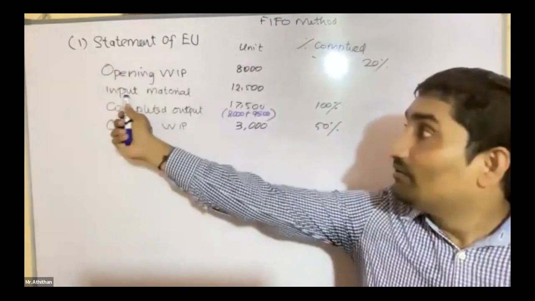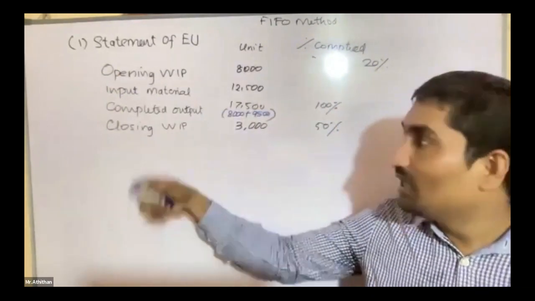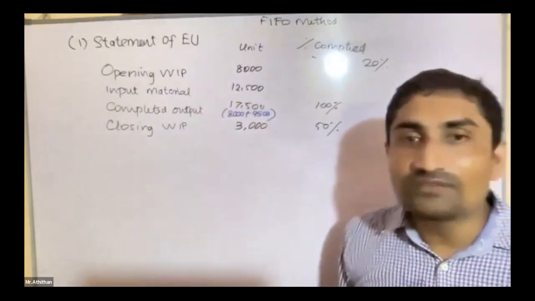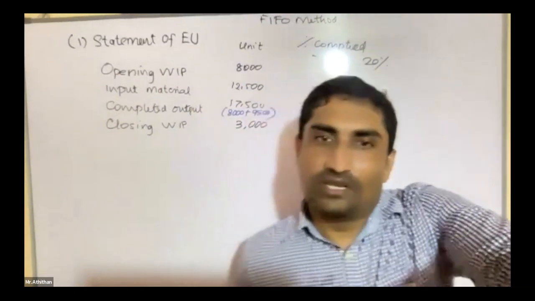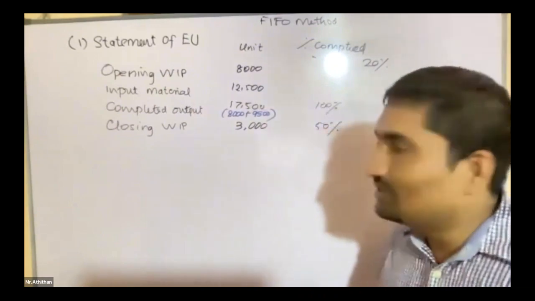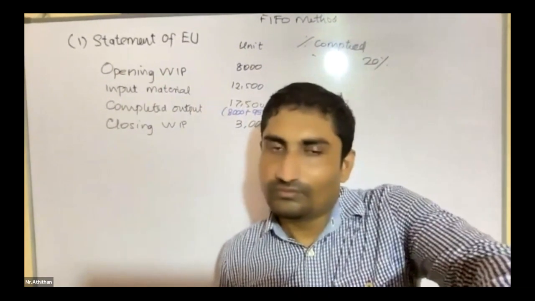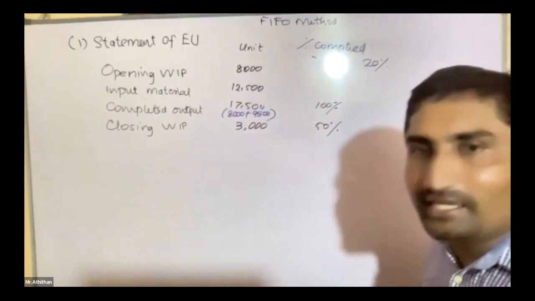Right? For input materials, we are fully processing. And out of that, 9,500 is completely processed. And 3,000 is 50% processed. So if we understand that, this 17,500 includes 8,000 also.